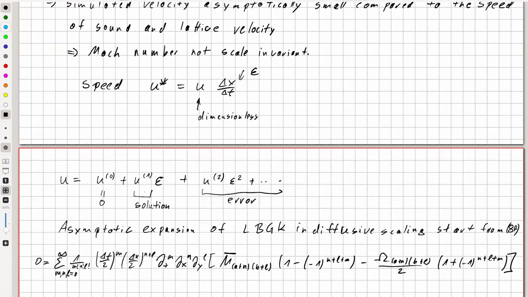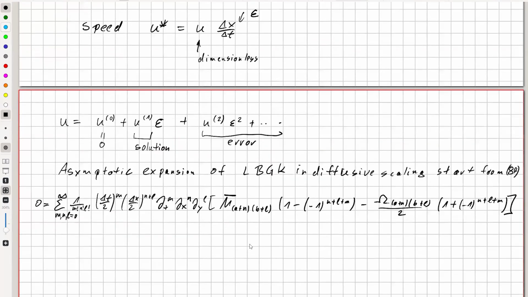I hope this is the same equation that we have written before. Now we enter the asymptotic expansion of this moment and this moment here. Then we call this the equation 8.5.